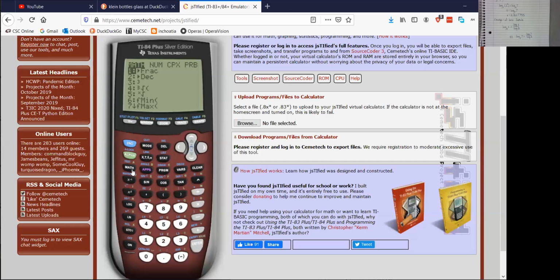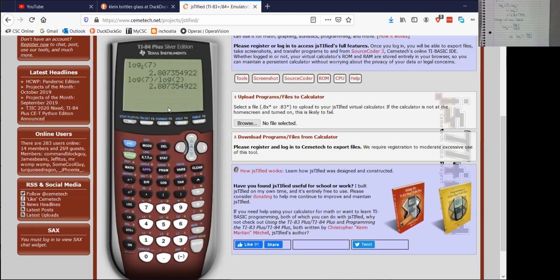Let's test this out. Let's first go back to the math menu and compute the logarithm base 2 of 7 once more. And we'll compare it with the common logarithm of 7 divided by the common logarithm of 2.